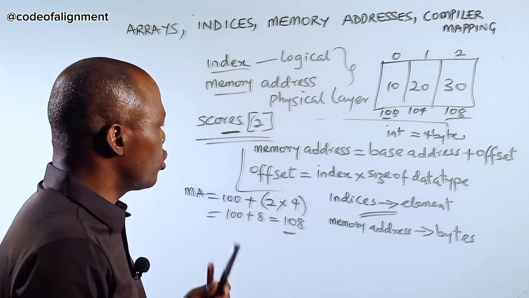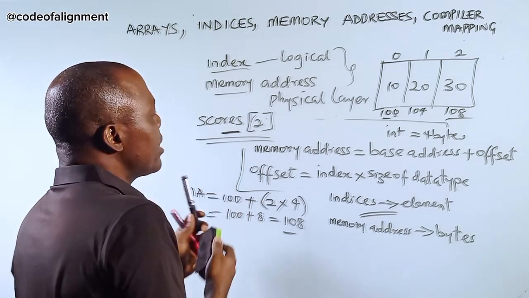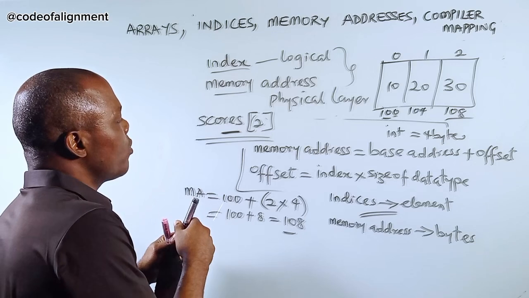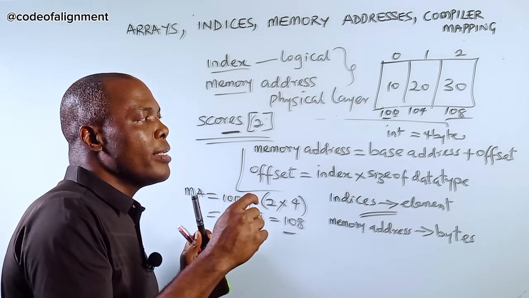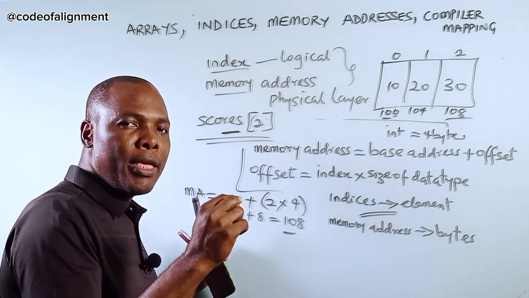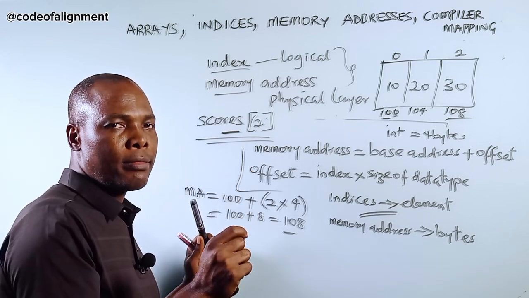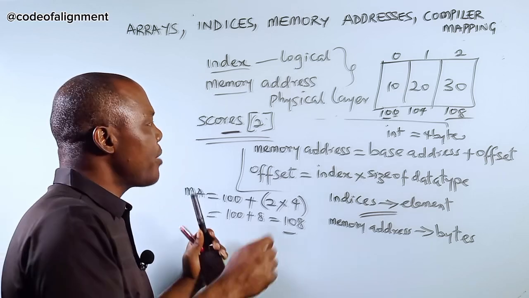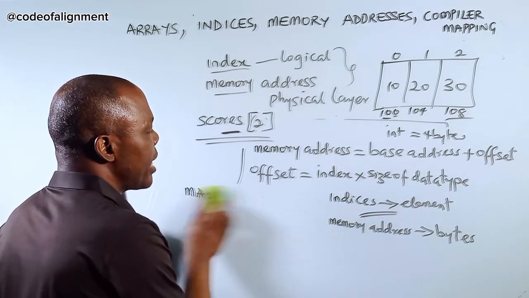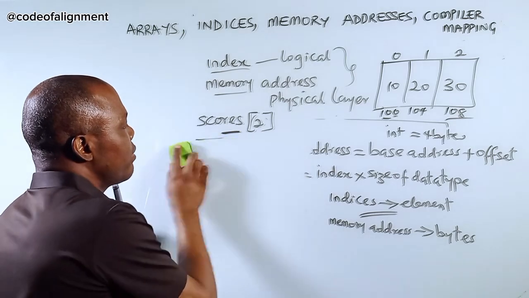So that is what I want to show you. Now, another thing again you have to observe in this is what? The array name is a pointer to the base address of the first element. An array name is a pointer to the base address of the first element.